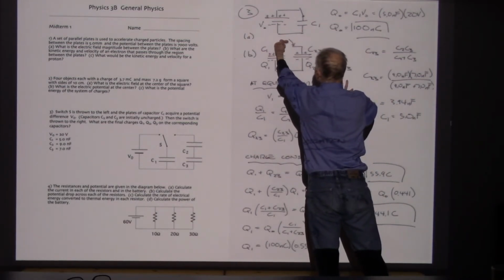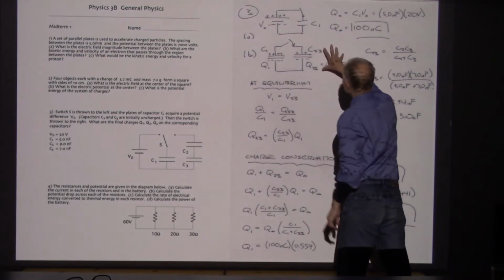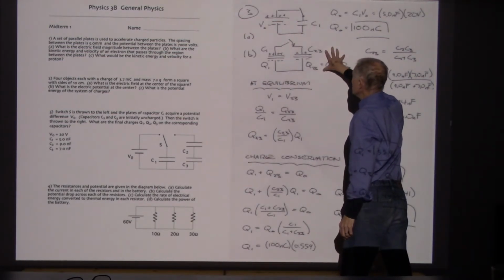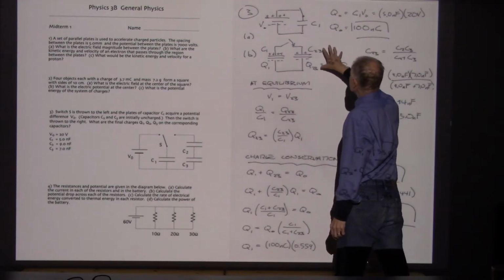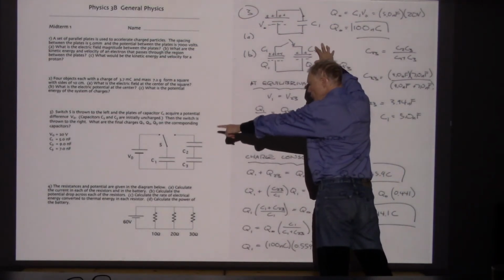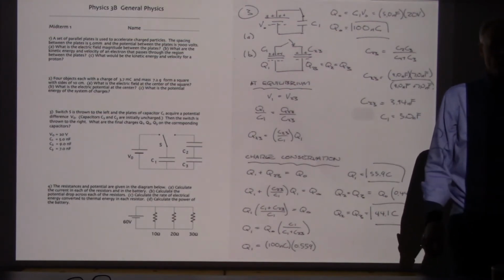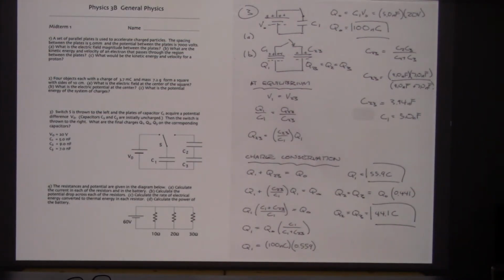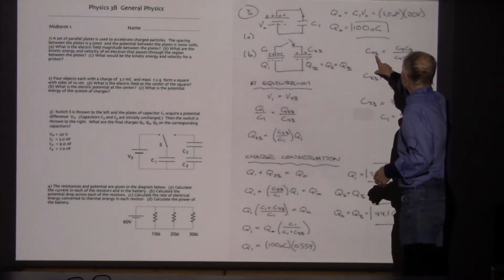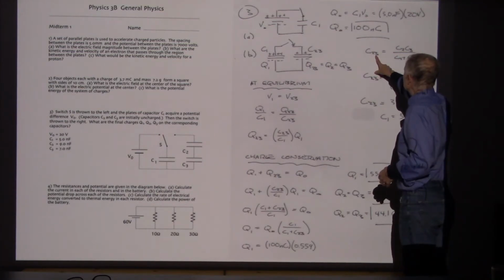Now when the switch closes over capacitors 2 and 3, I've combined those two capacitors. Those are going to be in series with each other. They start out not charged, and now we're going to charge them together in series. So I can use the formula for two capacitors in series.